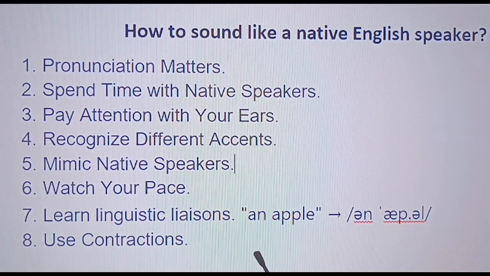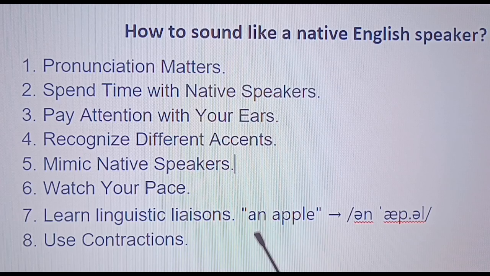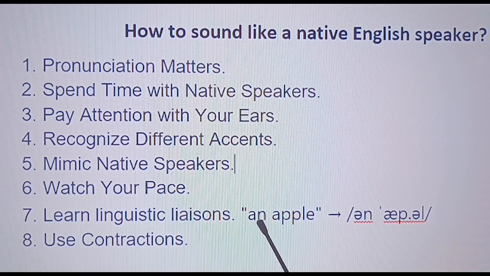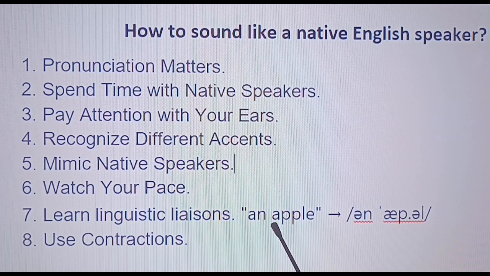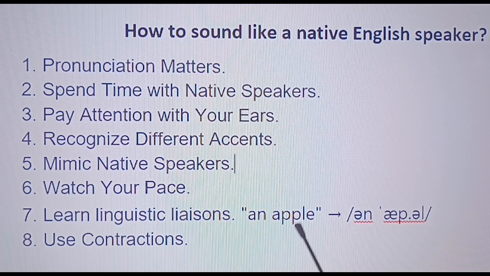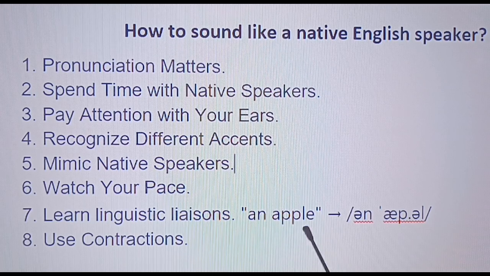So, like an apple is not pronounced separately, like two words. We normally connect or link the final consonant of the previous word to the initial vowel of the next word. So, an apple, not an apple, right? So this happens a lot. You have to be actually aware of this situation.